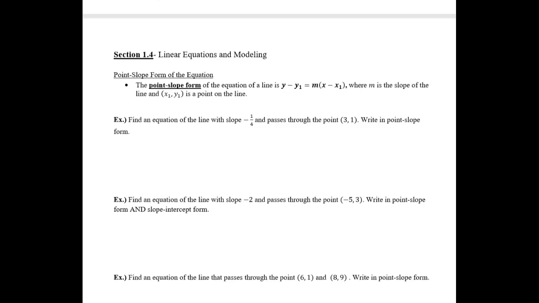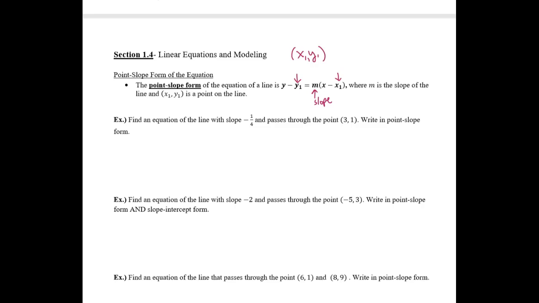Now the y1 is the y-coordinate of a point, and the x1 is the x-coordinate of a point. The m is still slope, just like in the slope-intercept form.